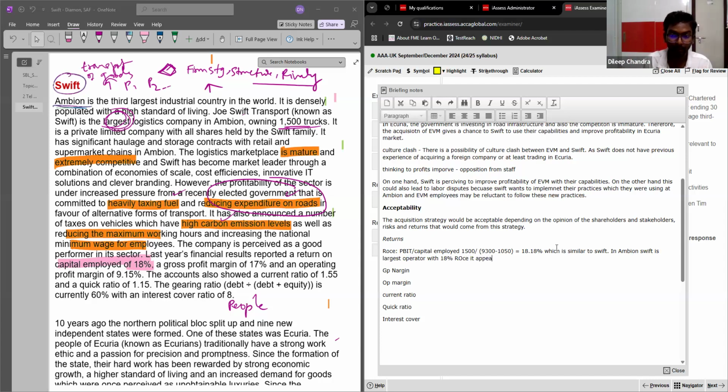It appears that EVM is also a strong performer in the transportation market. If it is a strong performer, shareholders will be willing to accept this. So that's why I've mentioned it. Understood?